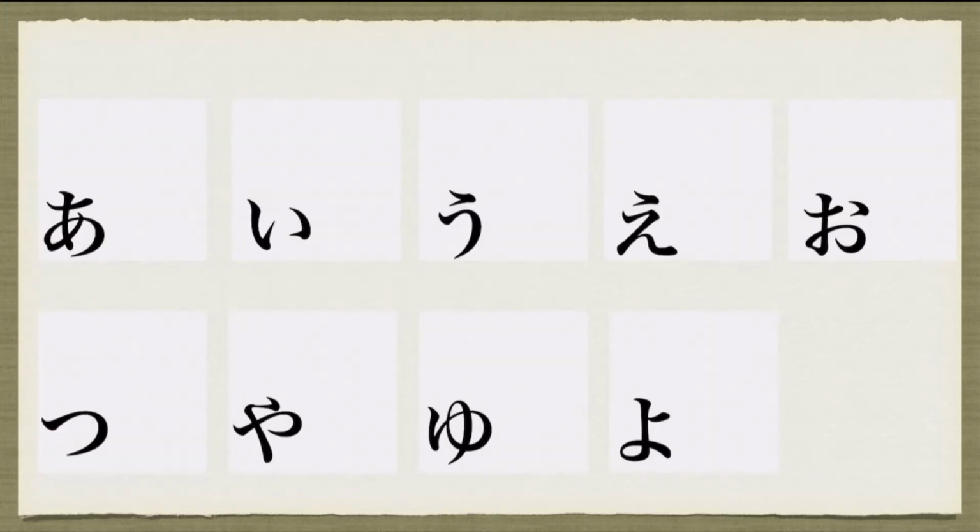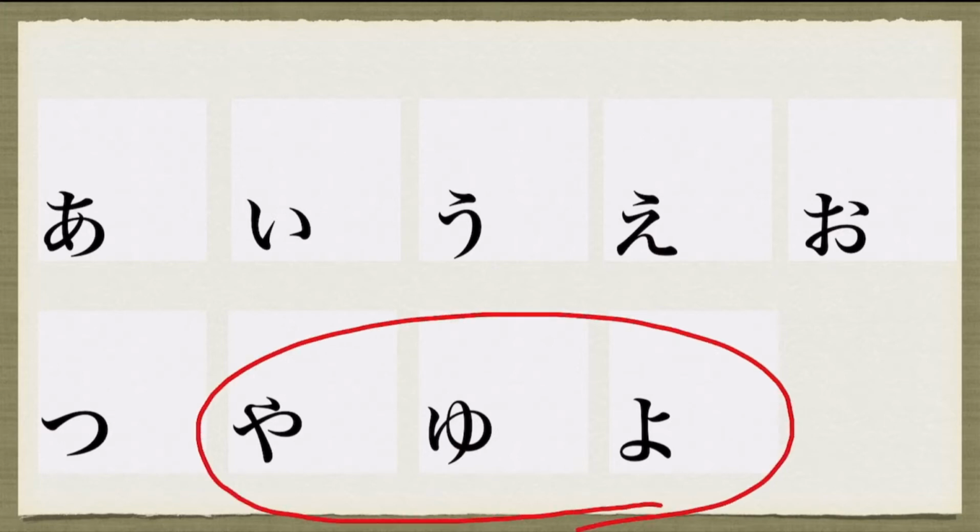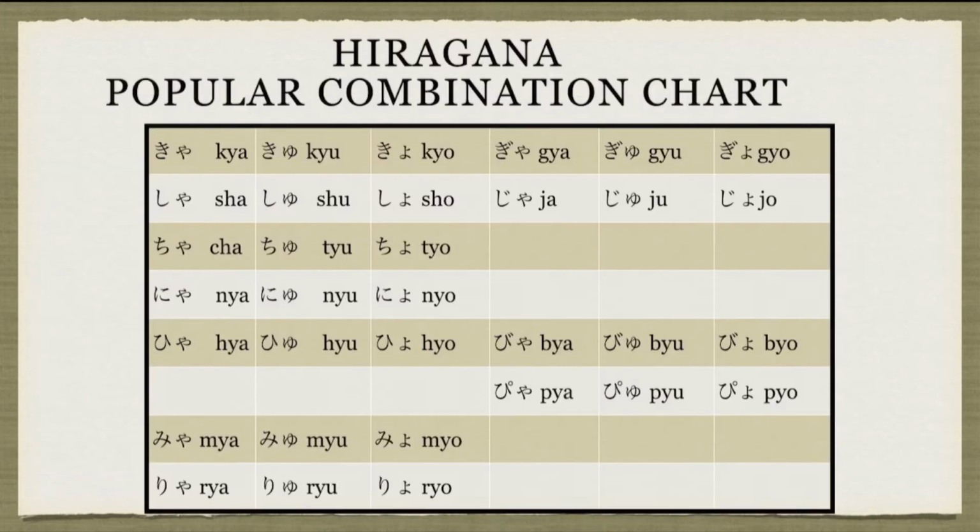We have 9 small letters you can add, but today I'm mainly focused on these 3: small ya, small yu, small yo. So this is the popular Hiragana combination chart.